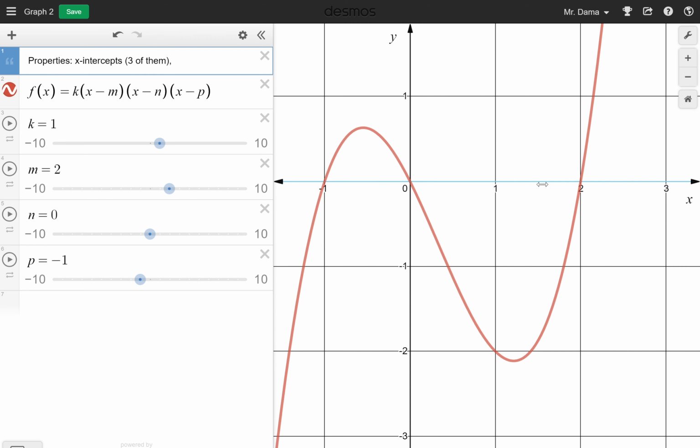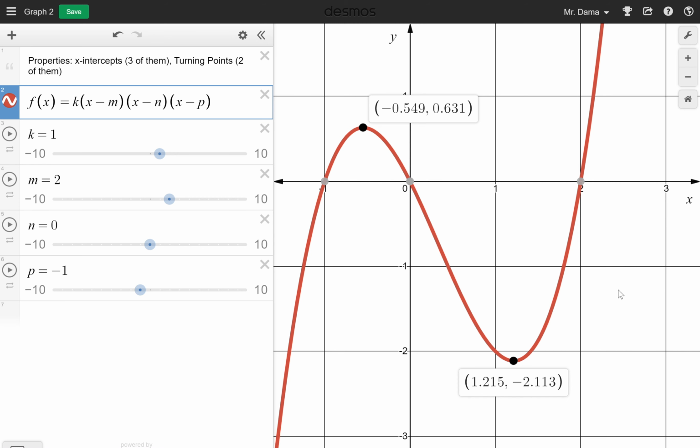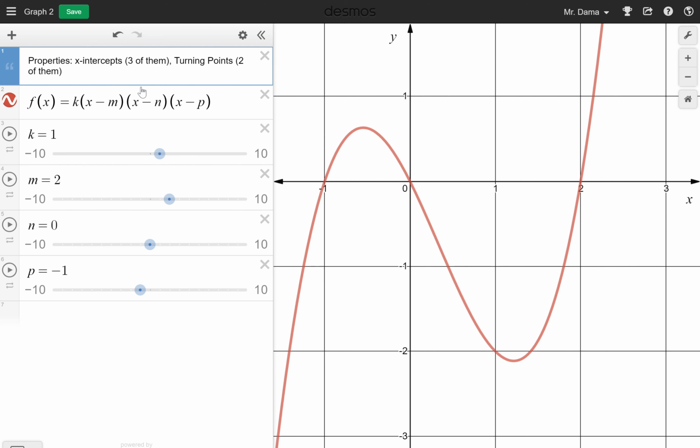You have your turning points, but now you have 2 of them, which are there and there. And how do you find them? This time we just find them by looking at your graph. I wouldn't try to find them algebraically. It's a bit too hard for now.